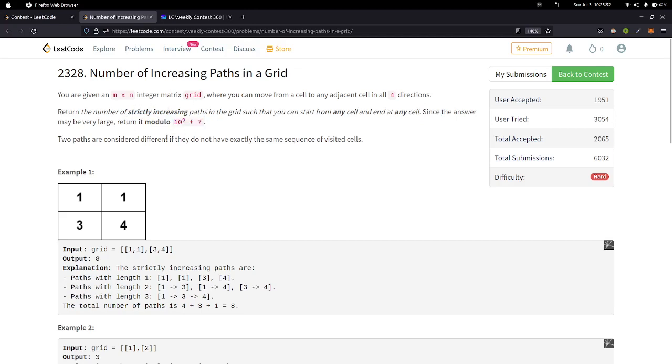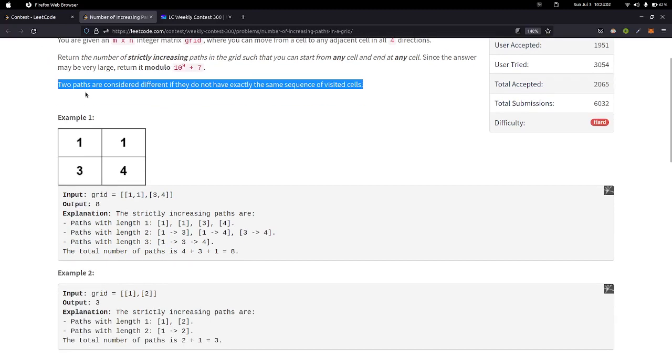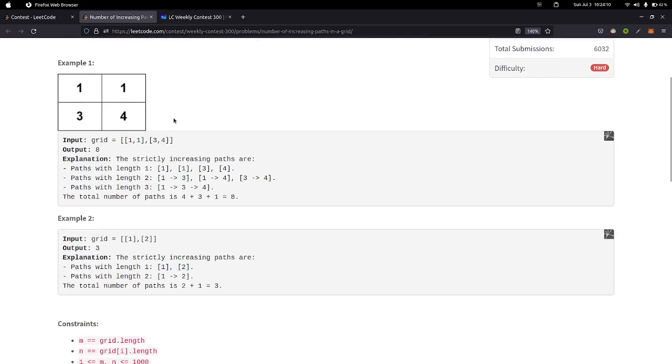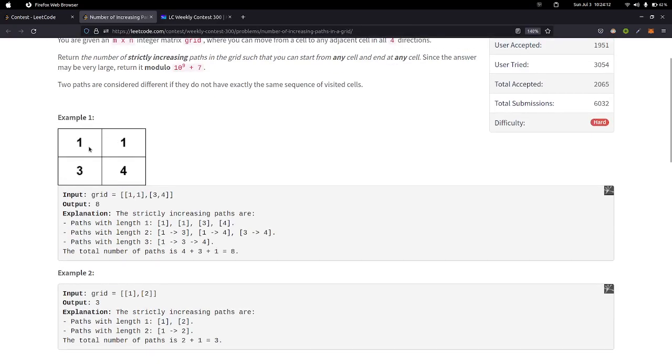So we need to take modulo again. And two paths are considered different if they do not have exactly the same sequence of cells, but this will usually be covered automatically in implementation, so we don't need to worry about this case. Let's see this example. We have a grid and the total number of strictly increasing paths is 8.